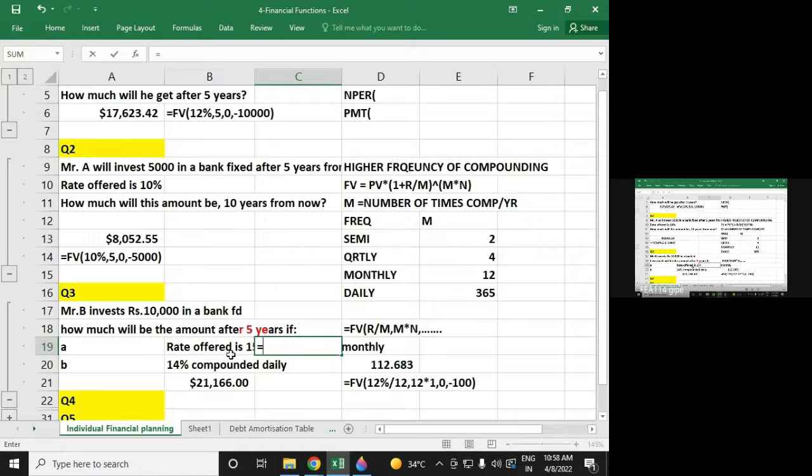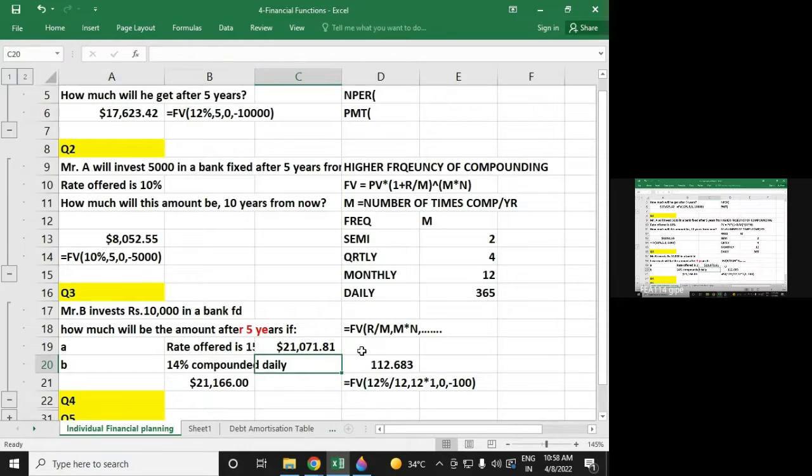Let's do it here on screen. 15% क्या दिया है? Compounded monthly. Okay. Into 5 and we are investing 10,000.